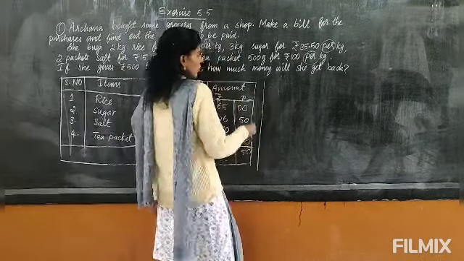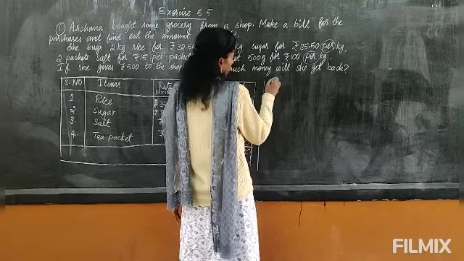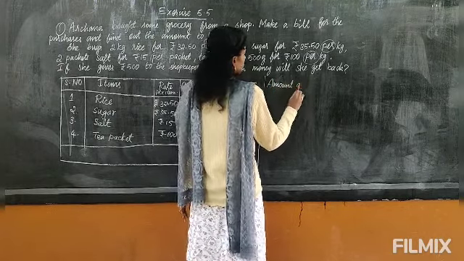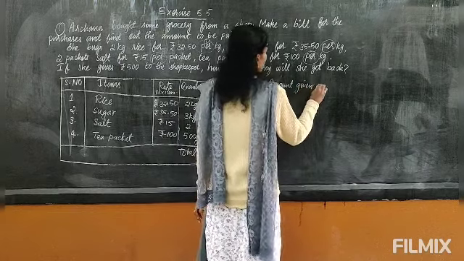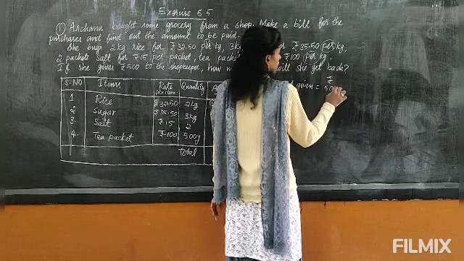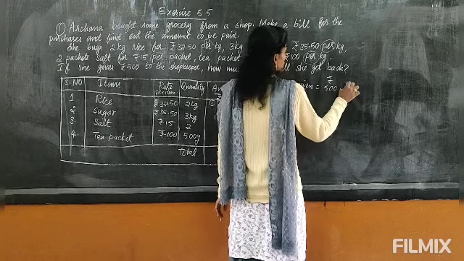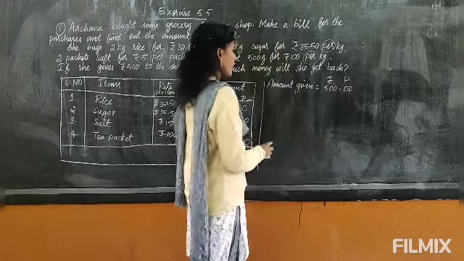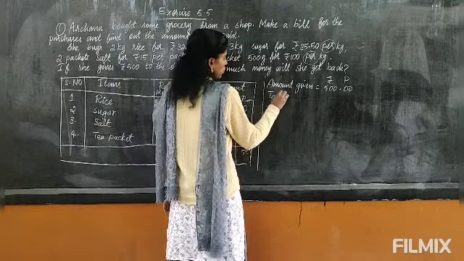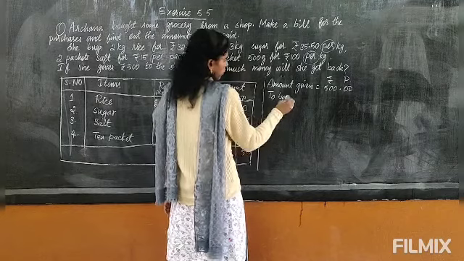So amount given to the shopkeeper, she had given rupees 500. There is no paise, so 0. She has given 500 rupees and amount to be paid.